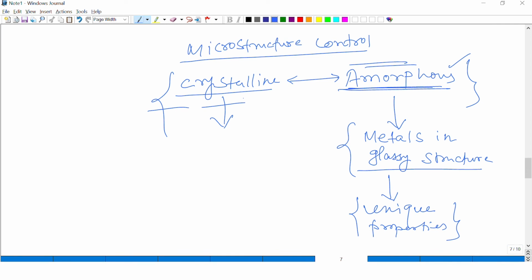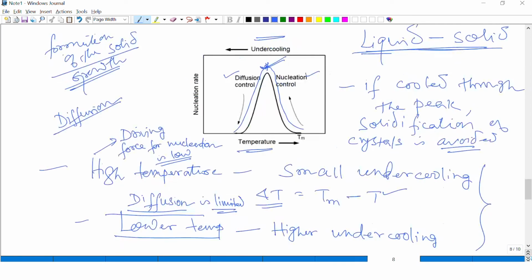Okay. And with regard to that, we had discussed this particular concept as to how the undercooling dictates the nucleation rate and what role the temperature plays on the nucleation rate, as well as the diffusion process which happens during the solidification.